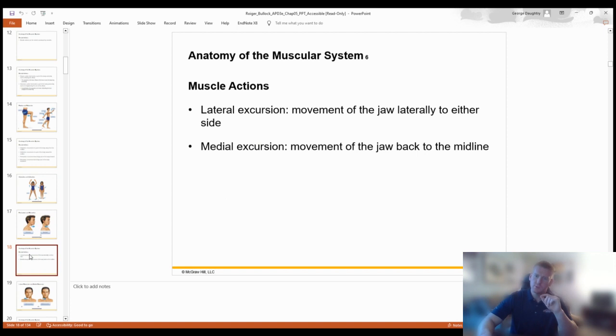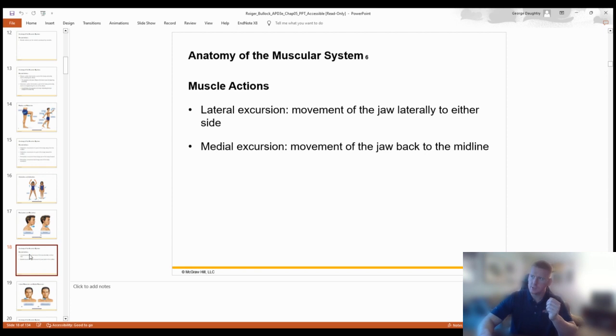Now we're getting a little bit more specific. The jaw can do many things. It's one of our few multi-axial joints, actually. We have lateral excursion and medial excursion. Lateral excursion is exclusive to the jaw, and it's movement of the jaw laterally to either side. If you grind one way or the other, that is a type of lateral movement of the jaw.